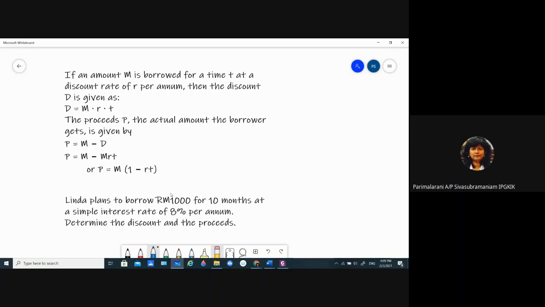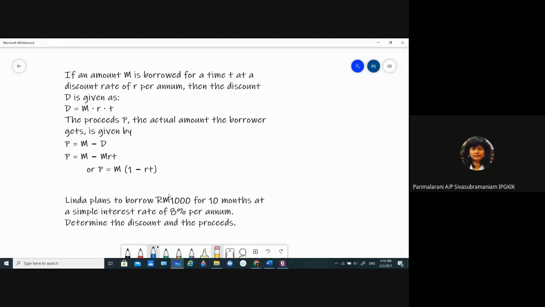When you borrow a certain amount of money from the bank, sometimes say you borrow 1,000 from the bank, but the bank only gives you 900. So the bank actually has deducted the simple interest from the loan amount before giving you the loan. When this happens, we say that the loan has been discounted.